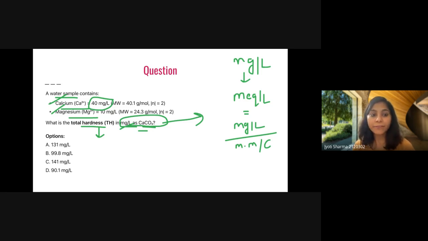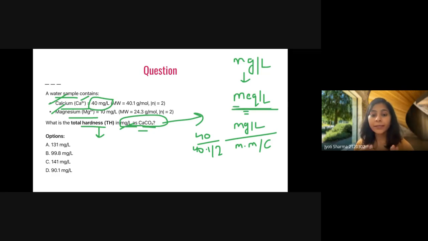For example, if it is calcium and the value is 40, this will be 40 divided by the molar mass of calcium, which is 40.1, and the charge. We know that here we have 2 plus, so this will be divided by 2. This is how first we convert the mg per liter of calcium to milli equivalent per liter.